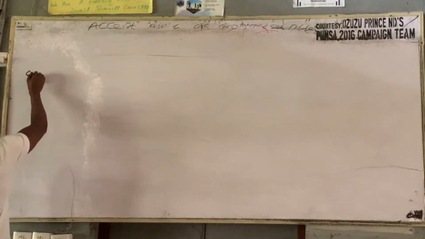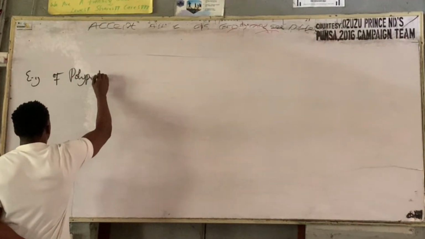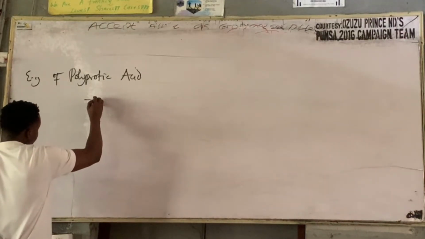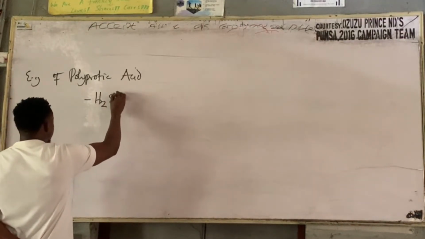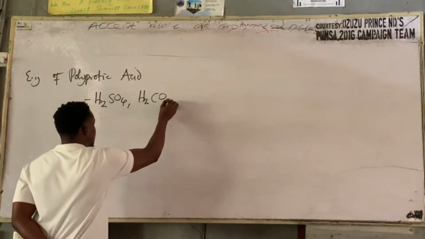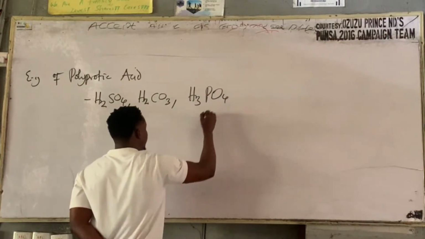So let's say, examples of polyprotic acid. We have H2SO4, H2CO3, H3PO4.